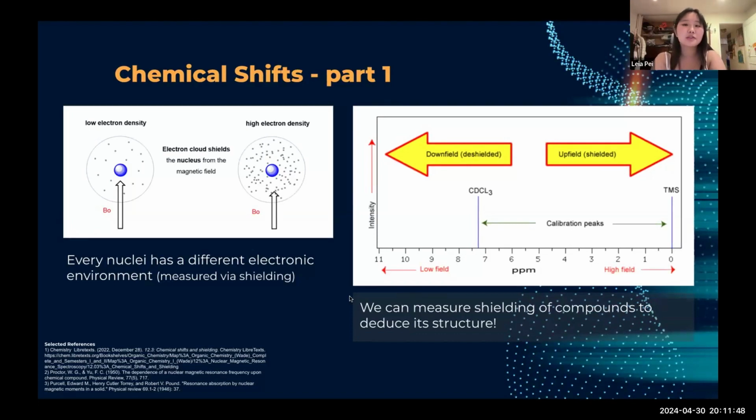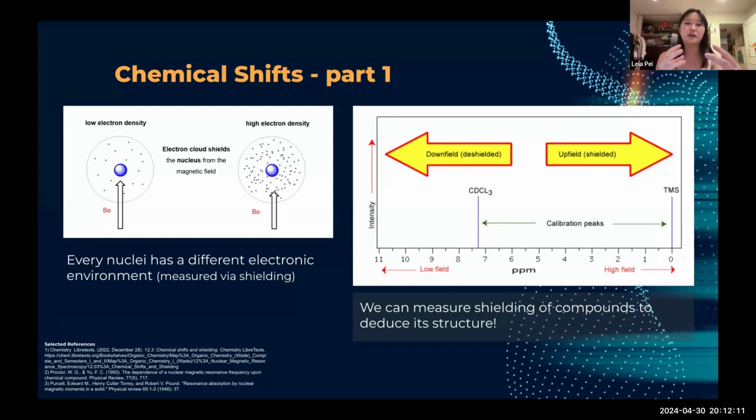This shielding has implications on the final resonance signal that's given off that will then be measured by the spectrometer, as the radio frequency energy given off during resonance, or the induced flip state, as Emma has previously explained, will then vary. This is because, again, the more shielding a nucleus experiences, the smaller its radio frequency signal will be during resonance.